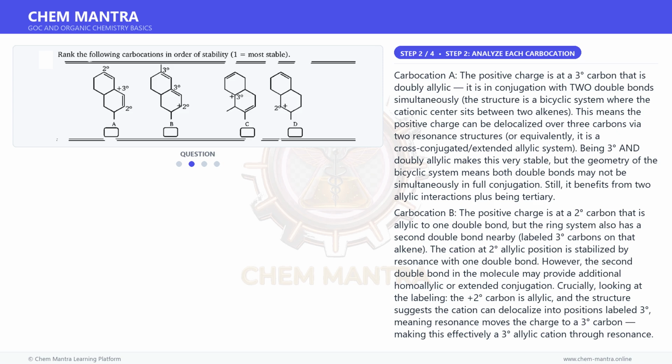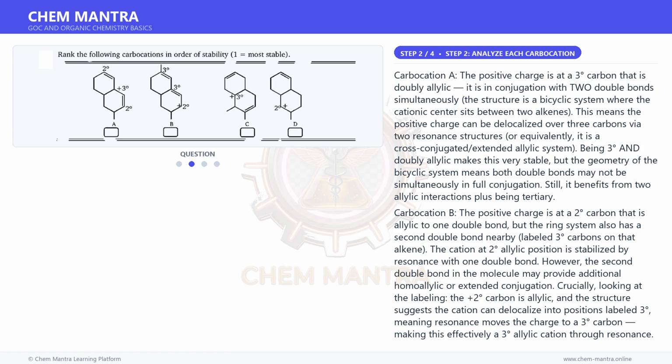Carbocation A, the positive charge is at a 3 degrees carbon that is doubly allylic. It is in conjugation with 2 double bonds simultaneously. The structure is a bicyclic system where the cationic center sits between 2 alkenes. This means the positive charge can be delocalized over 3 carbons via 2 resonance structures, or equivalently, it is a cross-conjugated extended allylic system.